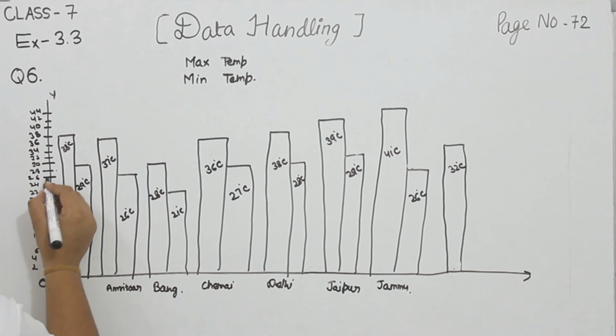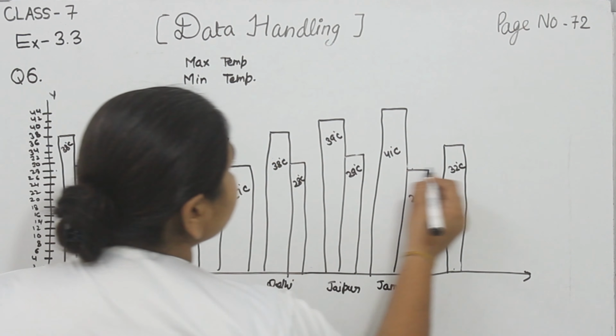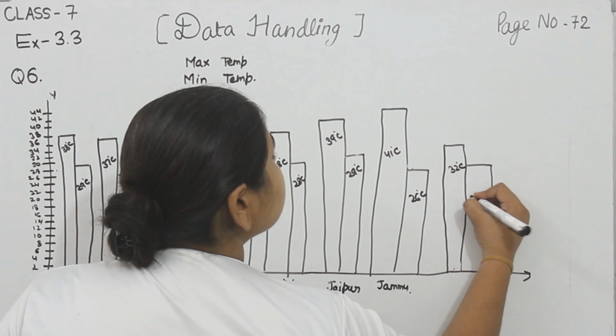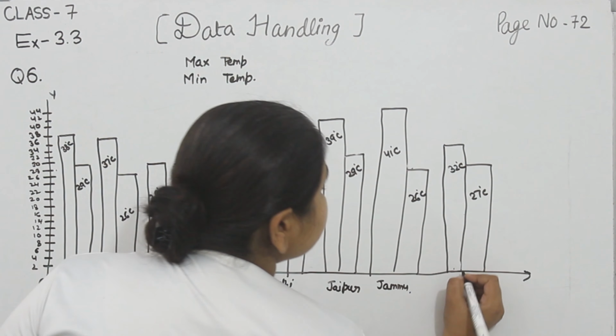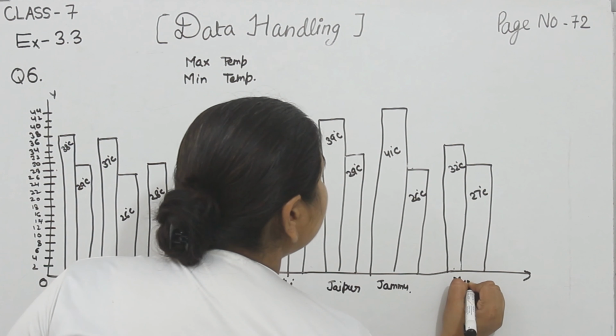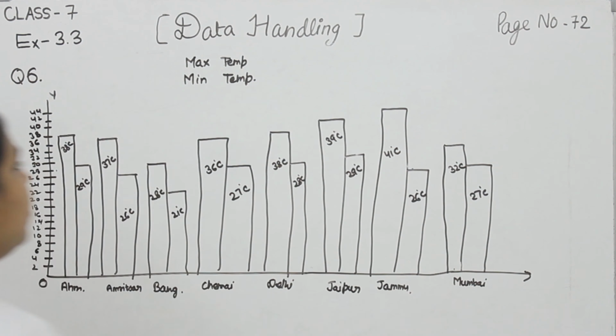Now the 27. This is 27 degrees Celsius, and this one is of Mumbai. So we have drawn the maximum and minimum temperature according to the question.